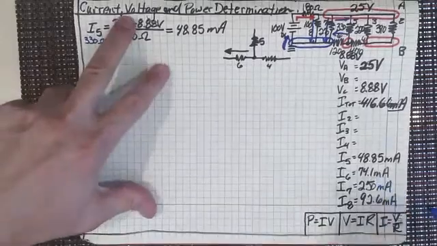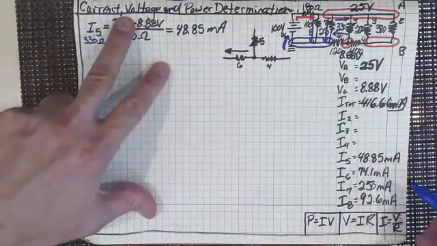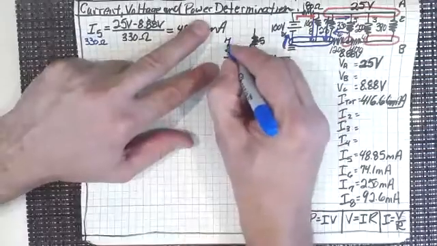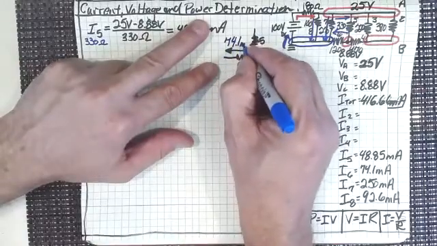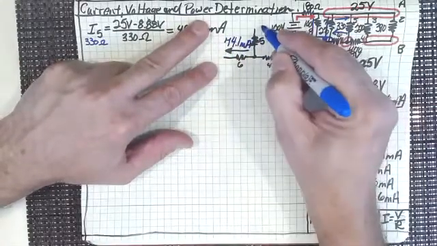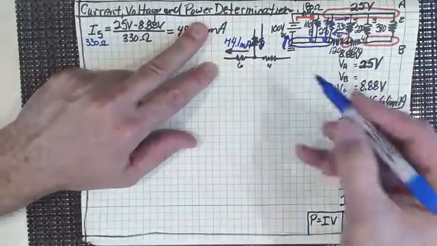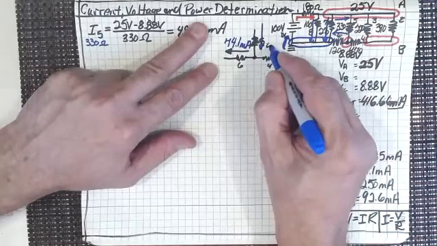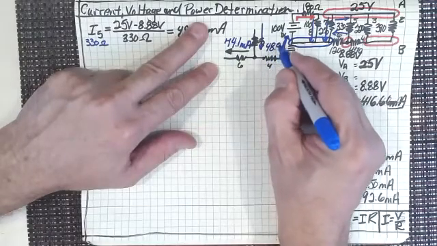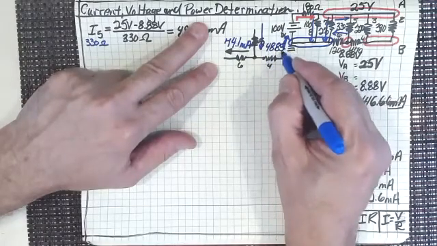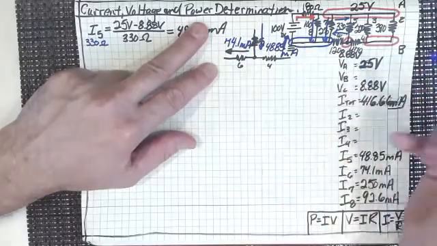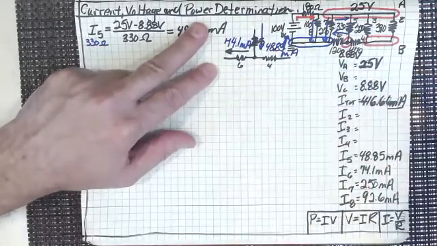What's going back is 74.1 milliamps. And we know that coming into that node, we've also got 48.85 milliamps.